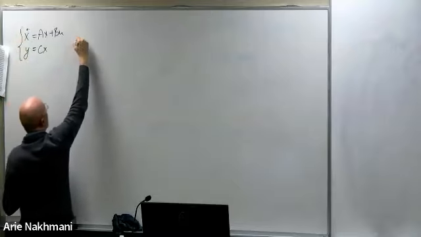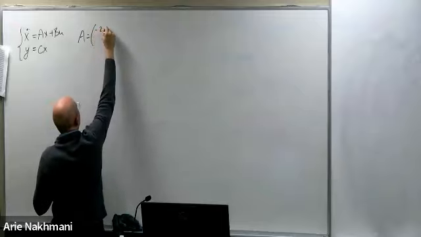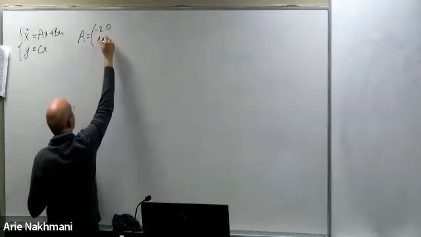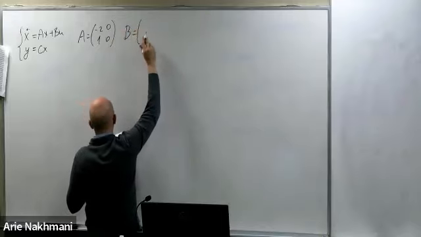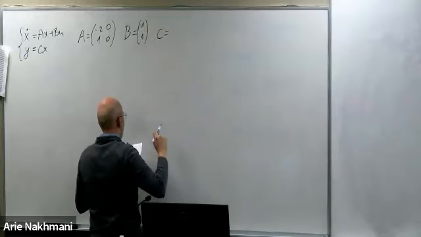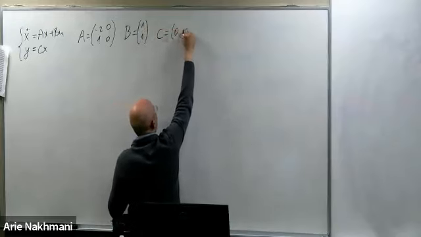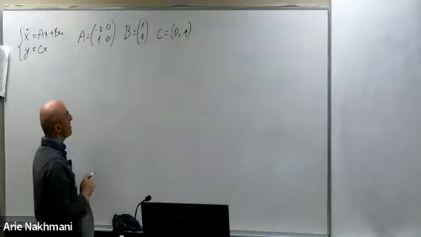That's my system. Matrix A will be [-2, 0; 1, 0]. Matrix B will be [1; 1]. Matrix C will be [0, 1]. Right. So that's my system.